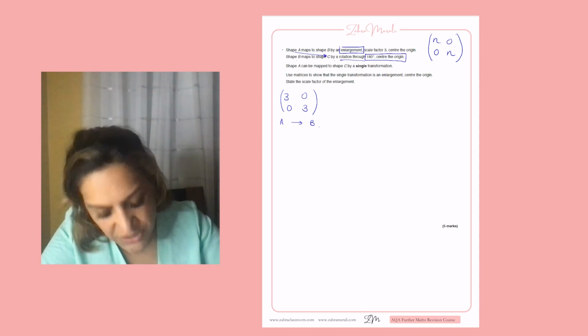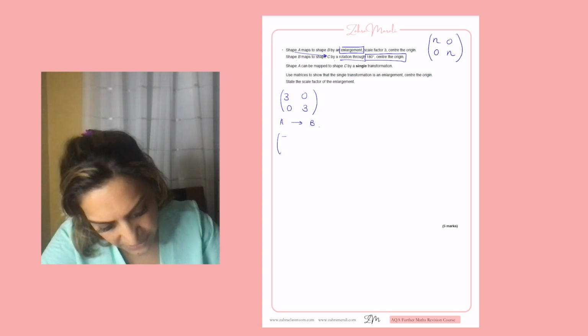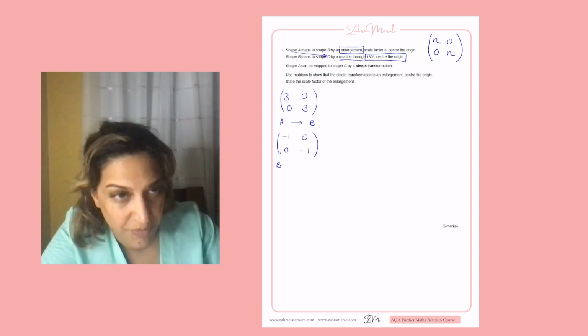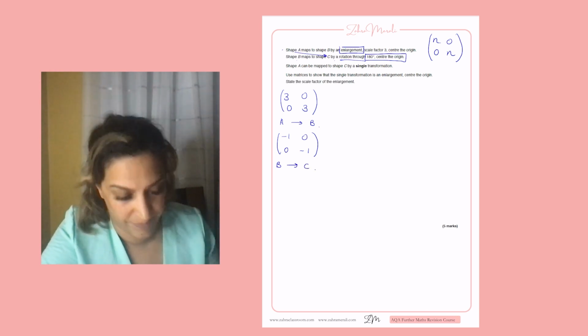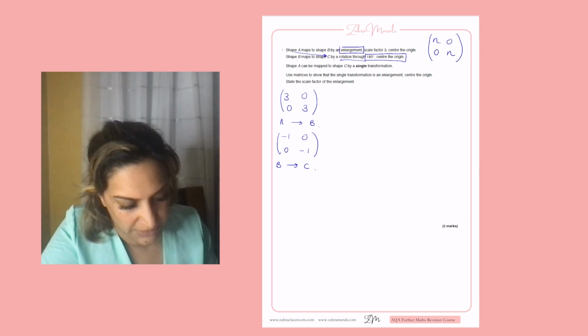Then we've got a rotation through 180 degrees. So that was [-1, 0; 0, -1], and that's going from B to C. So what we want to do is multiply these together.